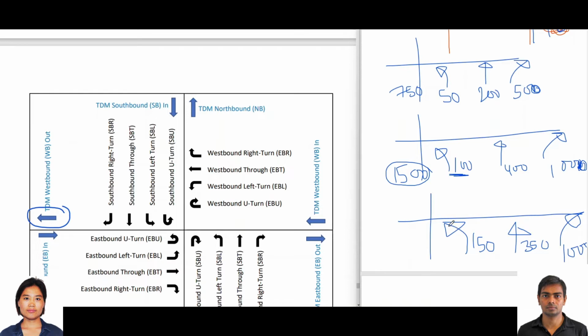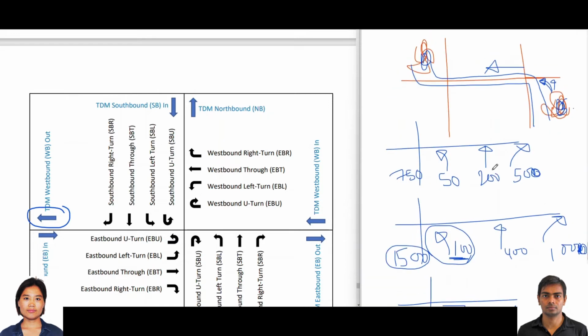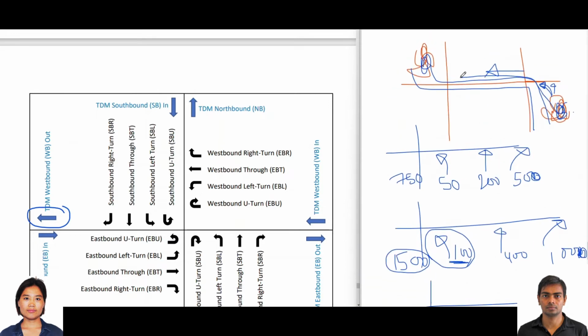So now, if we would have gone with existing data directly, we would have ended up with 100 left turns here. We used our engineering judgment to ask the optimization algorithm to bump up this number more, give a little bit more value to this left turn, because we know that there are developments that will produce more left turns in the future.